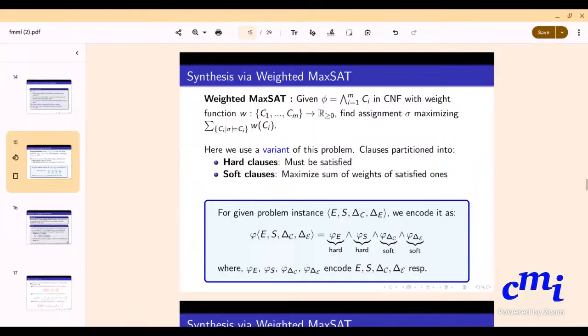You can explain it, and then you could introduce how you encode it. Given a set of samples, explain what phi E, phi S, and phi delta C mean informally, not in terms of formula, but rather in English. So I would split the slide into two.